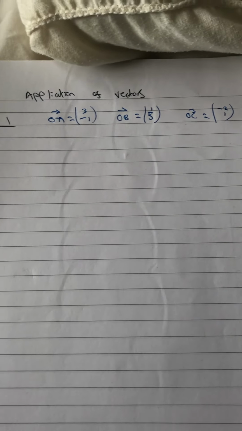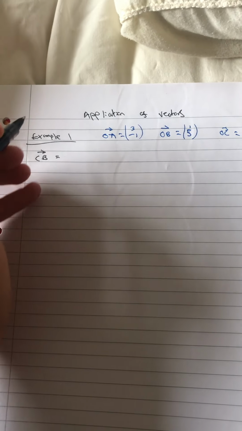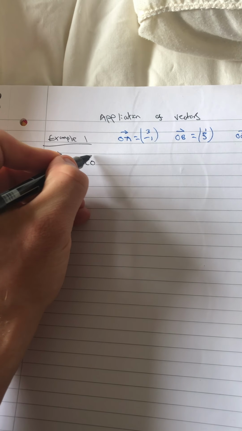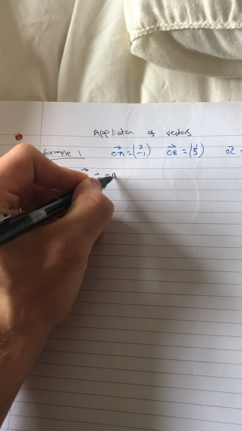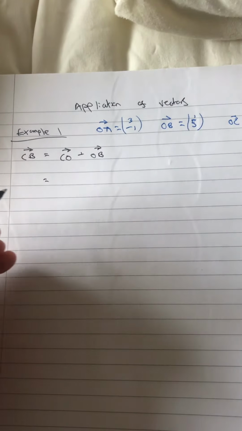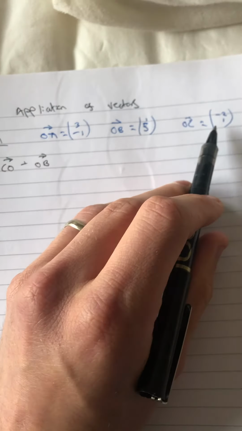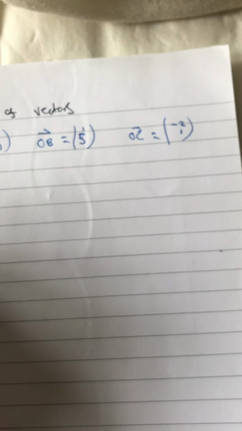Okay, so again, writing them in that way I will always do, and just gives you that advantage of ease of vector questions. So CB is going to be C to O plus O to B. And remember, C to O is just this vector here, OC, if I move it over, but changing the sign, so positive 2, negative 1.